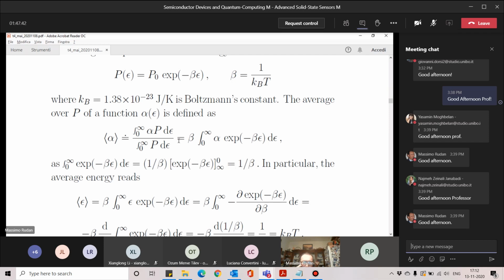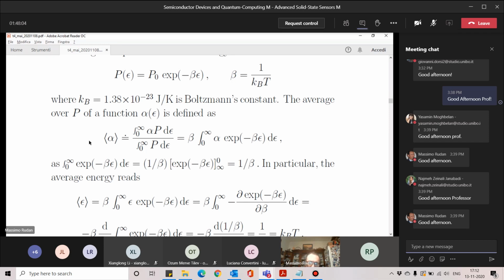Okay. So the average of any function alpha is equal to beta times this integral. For the problem that we must solve, what is of interest is the average energy, okay?